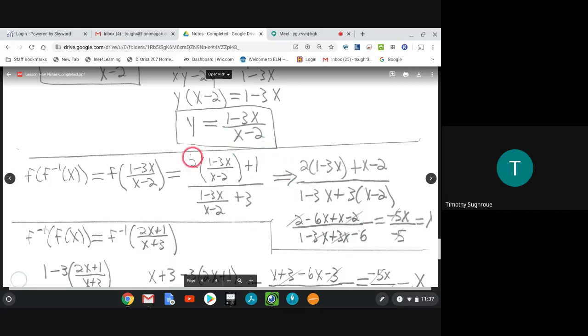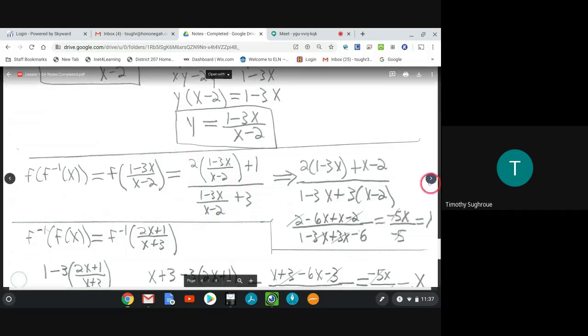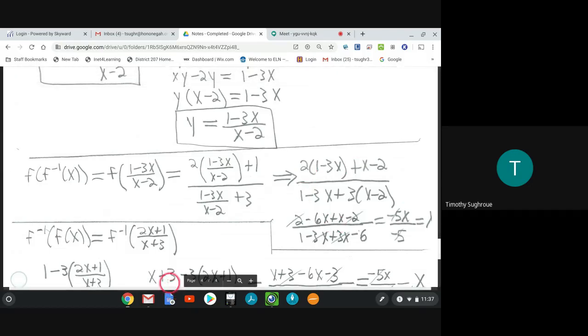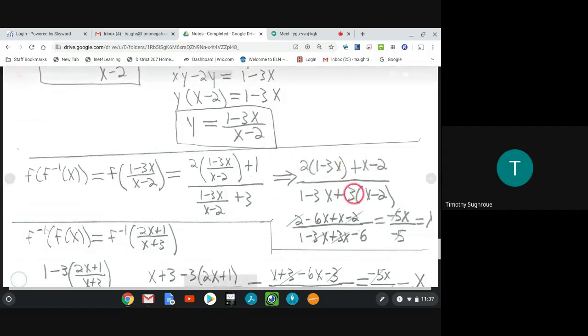So instead of getting this all to be one fraction and this all to be one fraction, then dividing by these big fractions, we can eliminate the complex fraction by multiplying top and bottom by the lowest common denominator, and you can eliminate it in one step. It's going to save you a significant amount of work, and I think it's easier to do. Now I'm going to distribute the 2. I'm going to distribute the 3.